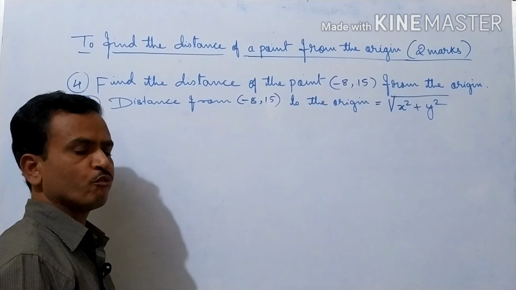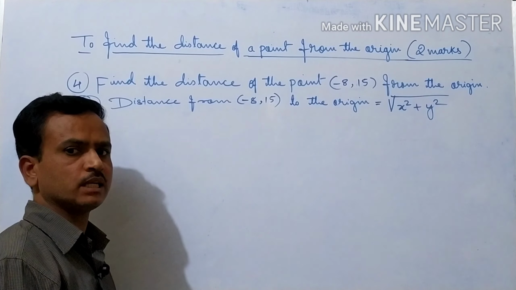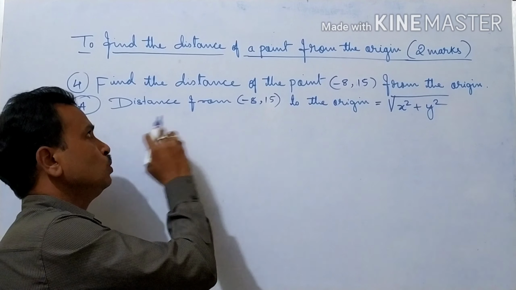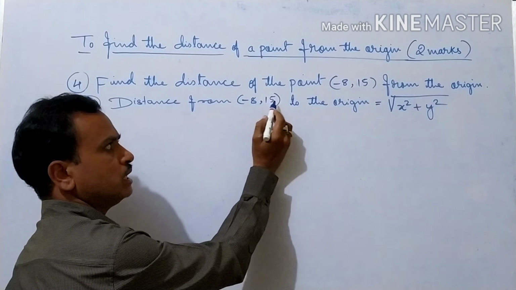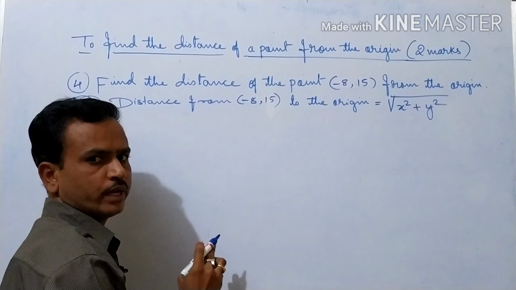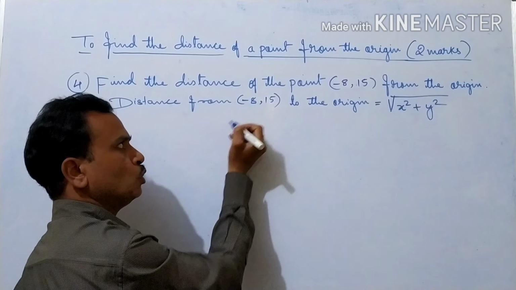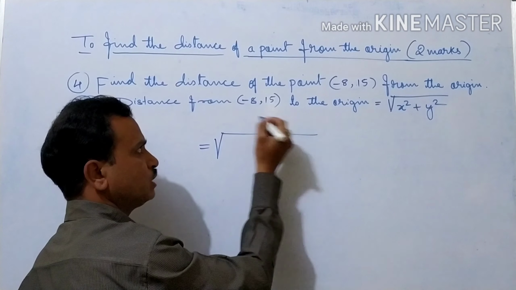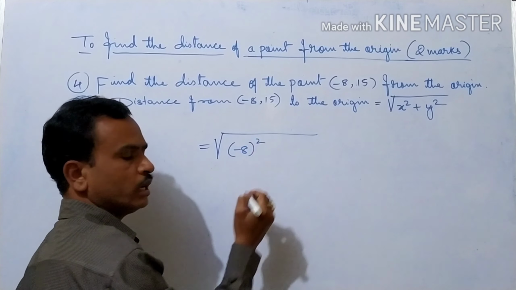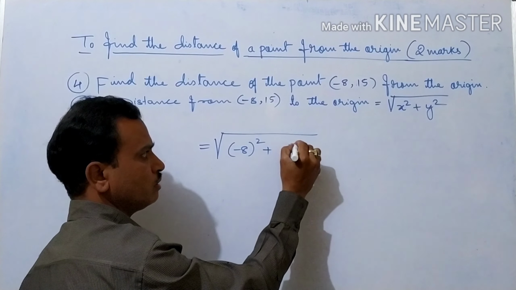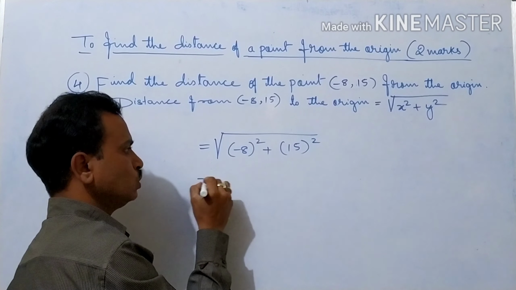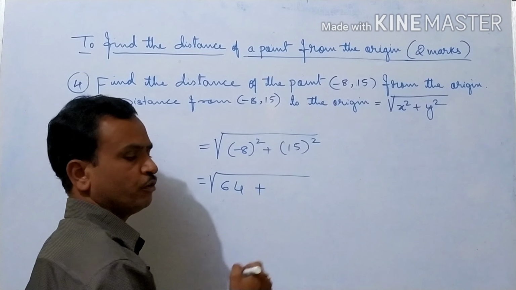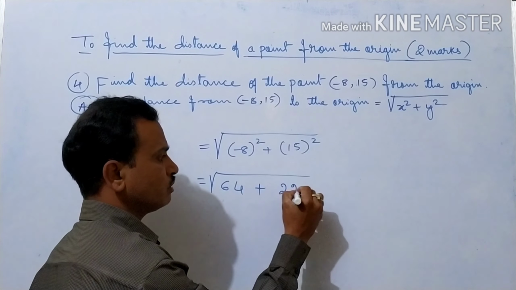Question number 4. Find the distance of the point (-8, 15) from the origin. Same formula: distance from (-8, 15) to the origin is square root of x square plus y square. So x is equal to -8 and y is equal to 15. Then (-8) whole square plus 15 whole square. (-8) whole square is 64, plus 15 square is 225.